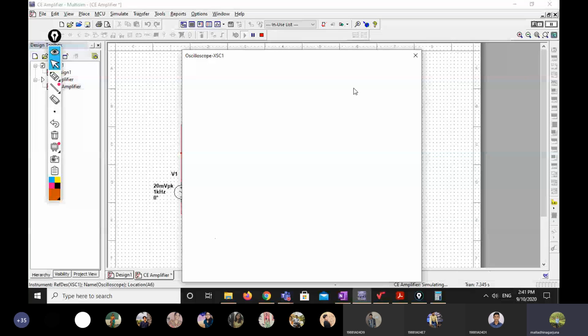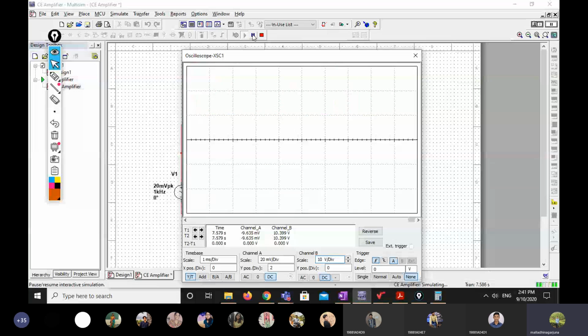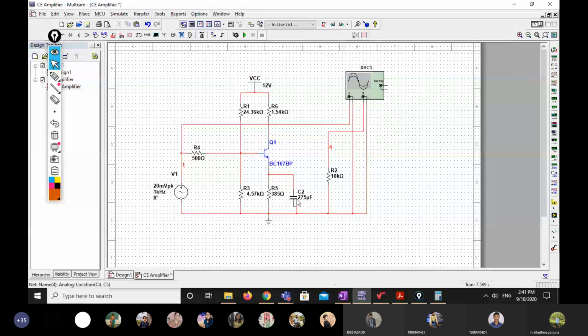You see the straight line here. This straight line is the DC signal, but this is not the signal I'm expecting. So the coupling capacitors are very, very important.